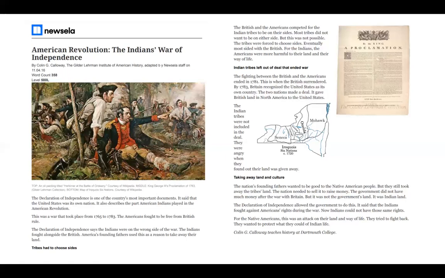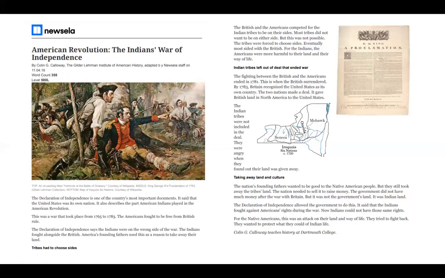The Declaration of Independence allowed the government to do this. It said that the Indians fought against Americans' rights during the war. Now Indians could not have those same rights. For the Native Americans, this was an attack on their land and way of life. They tried to fight back. They wanted to protect what they could of Indian life.